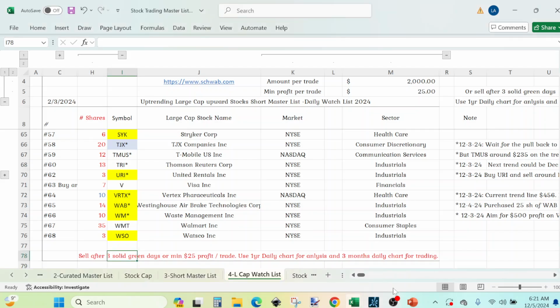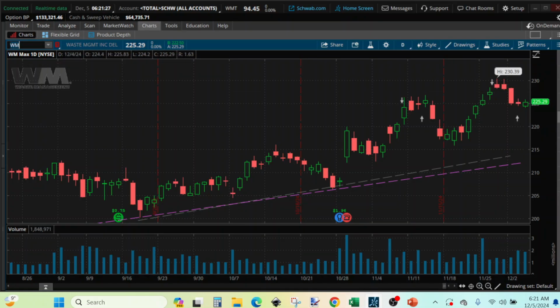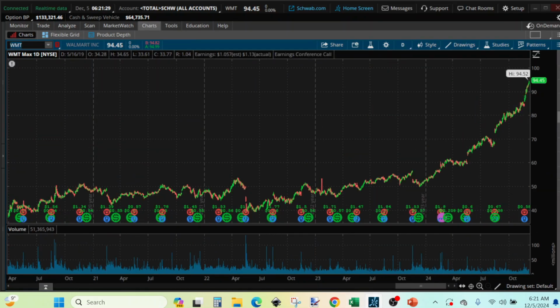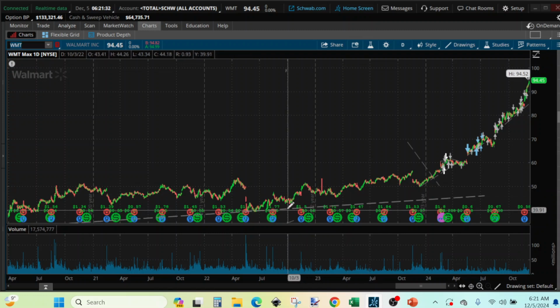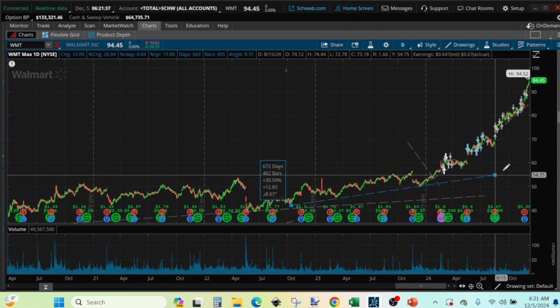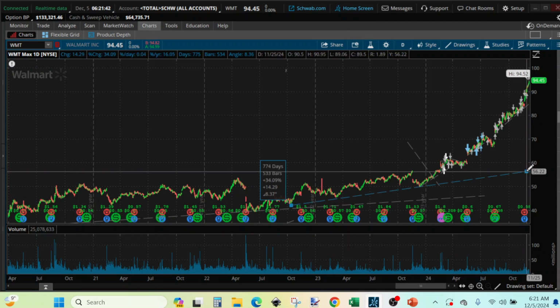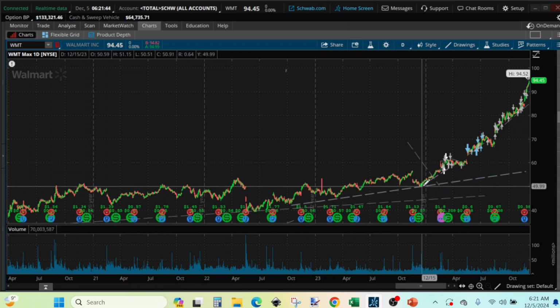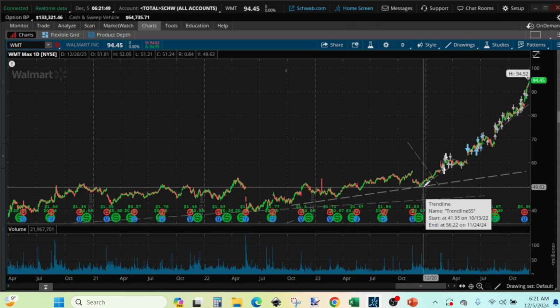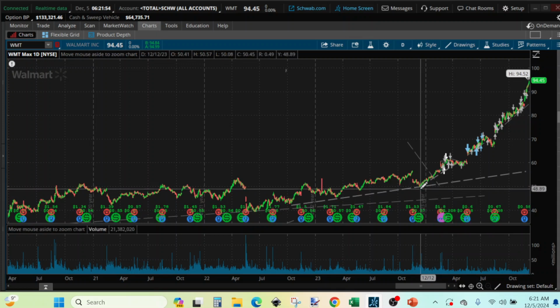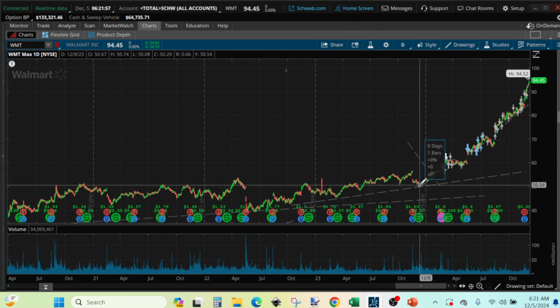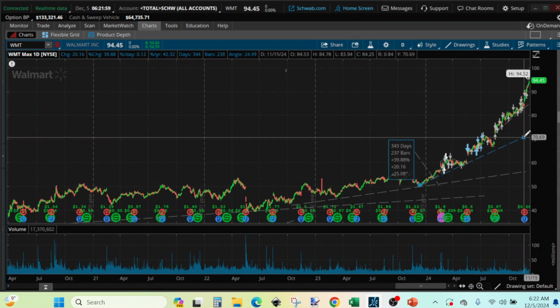And WMT, so WMT, we have this line there. I don't know what this one will take us. We have that, and this is December 2023. December 2023. So if we want to trace from there, one month has split this year though.